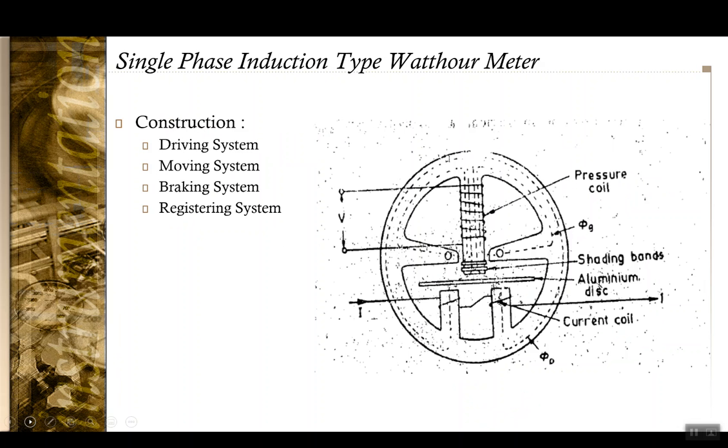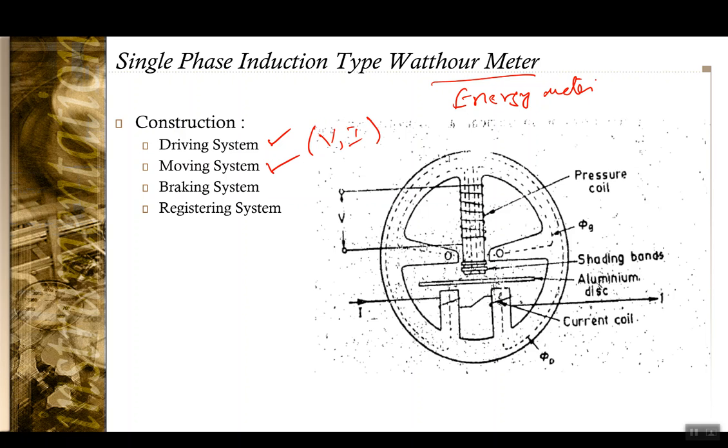Okay, so typically in case of a single phase induction type watt hour meter or energy meter, you would have these four subsystems. One is the driving system, which would be powered by this voltage and current.